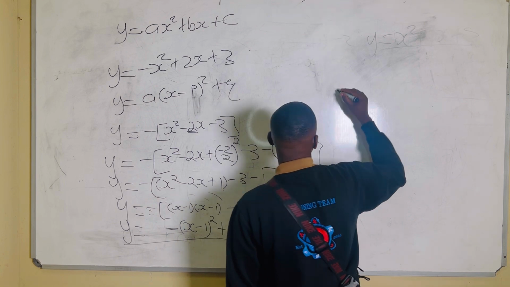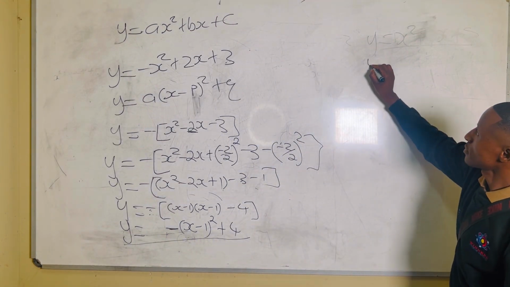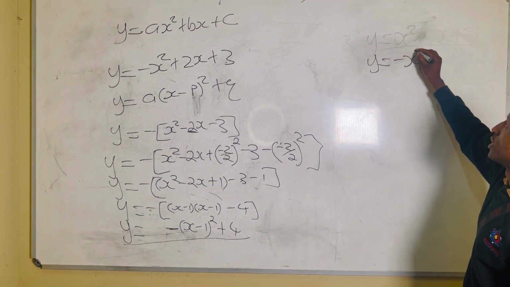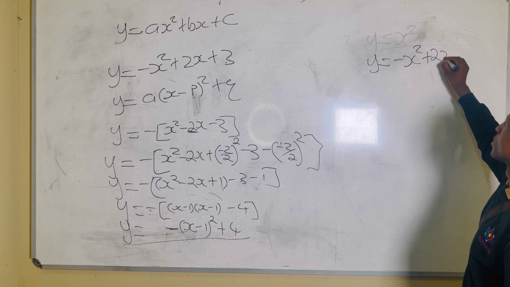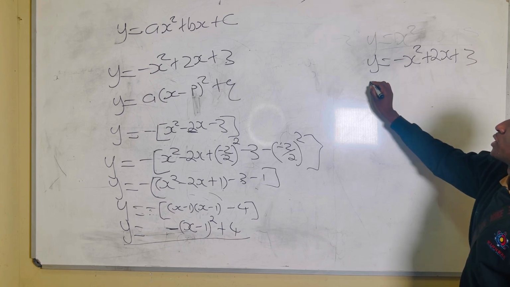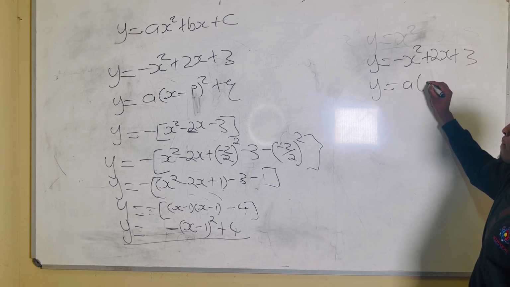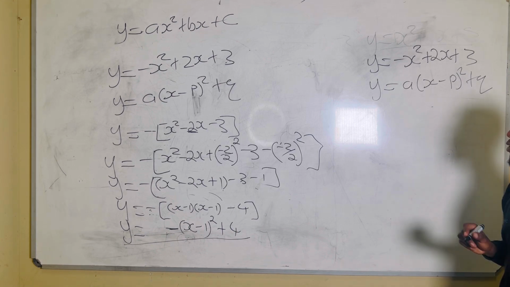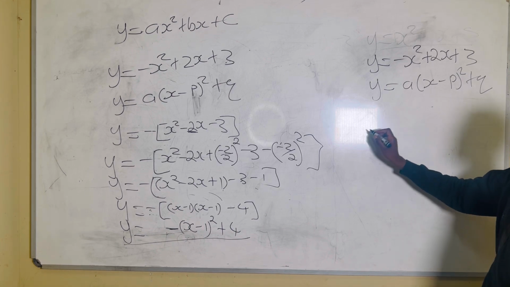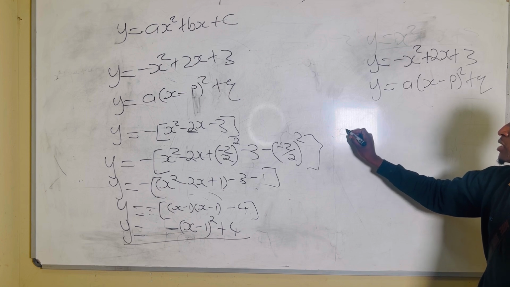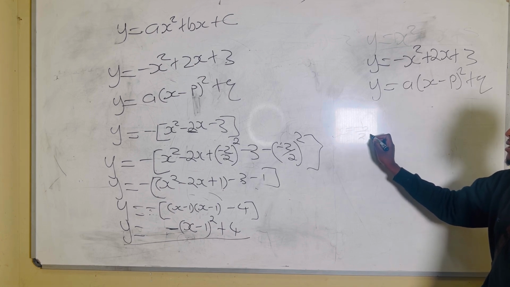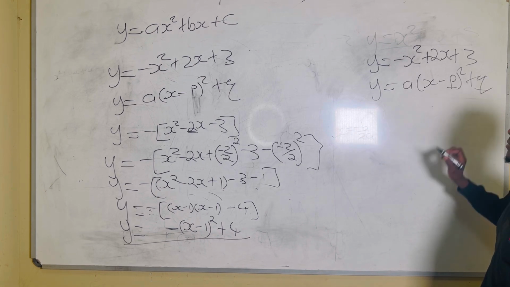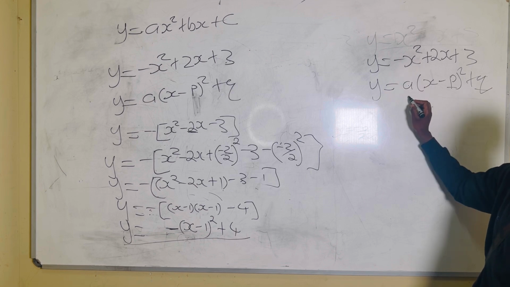Let's go to the second way of doing it. Remember, our equation is negative x squared plus 2x plus 3. We want to move to this format, a(x minus p) squared plus q. In order for you to do that, remember I said in method number 2, you could just get the turning point and substitute it here because the values of a are the same.